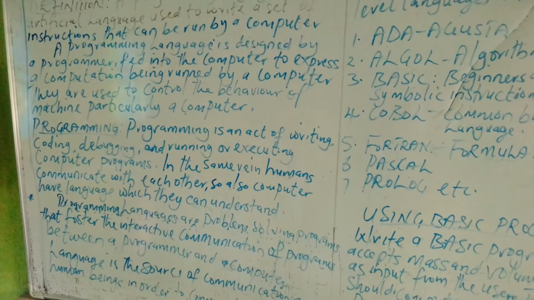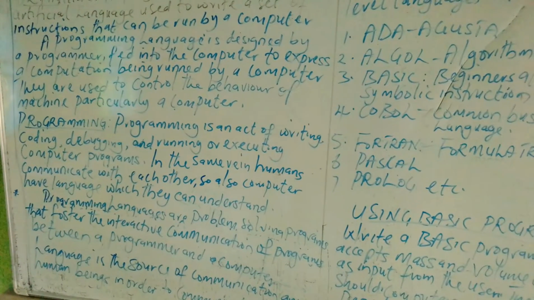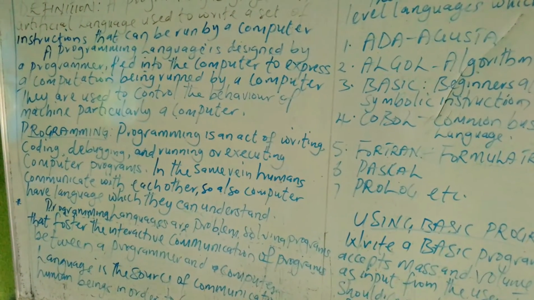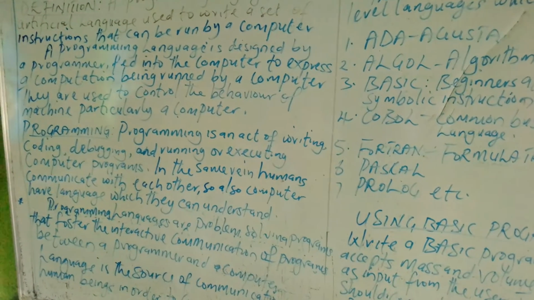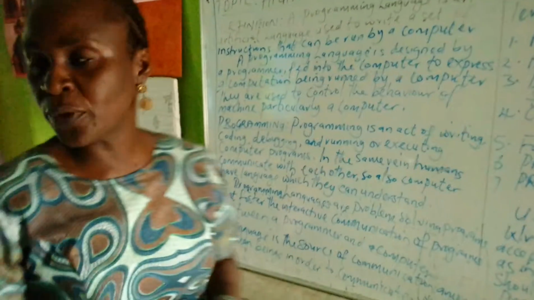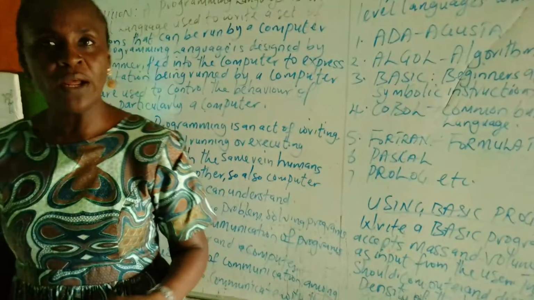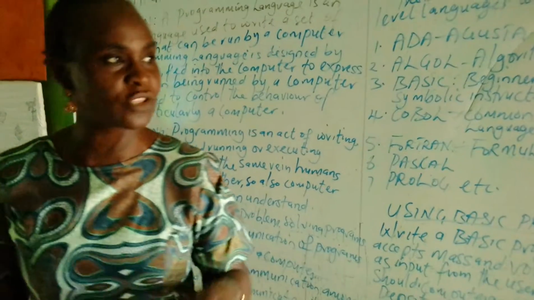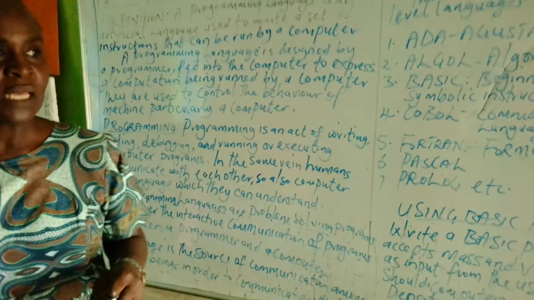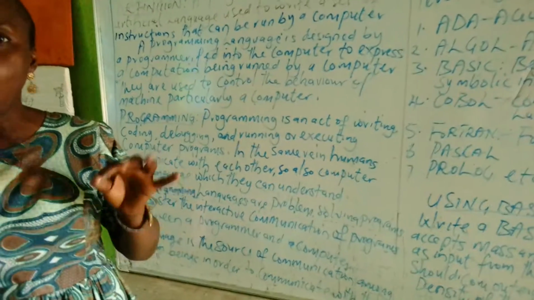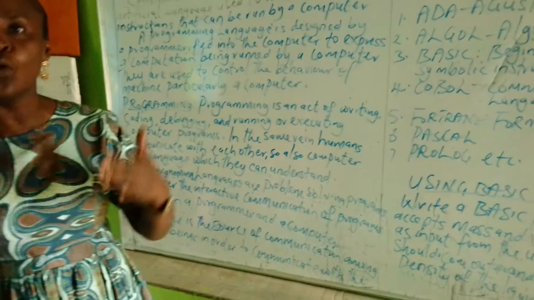Now let's look at why programming languages are important to the computer. I said earlier that without the program, the computer cannot function. It needs the program to control the operation and performance of the computer. How do I mean? It tells the computer what to do and how to do it.